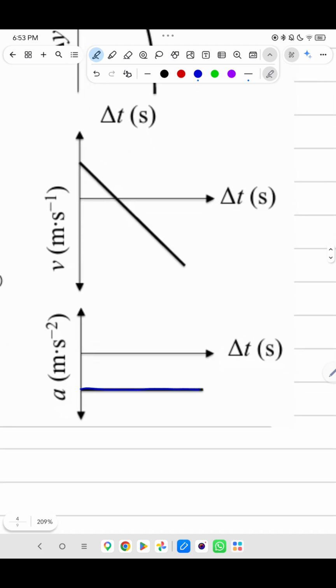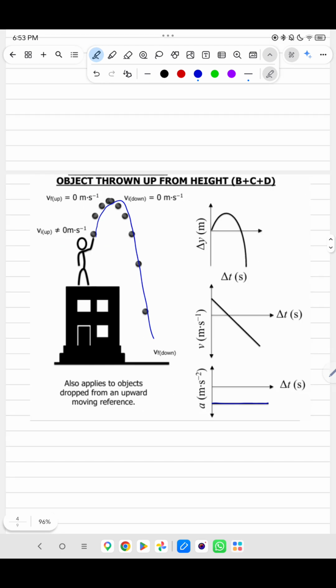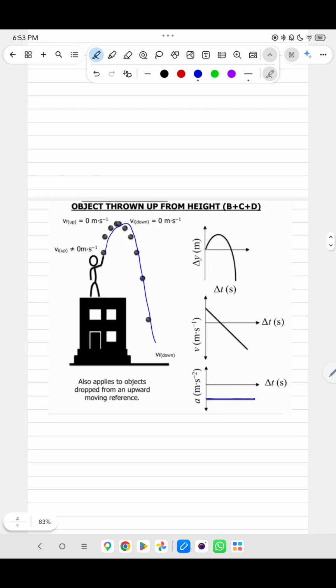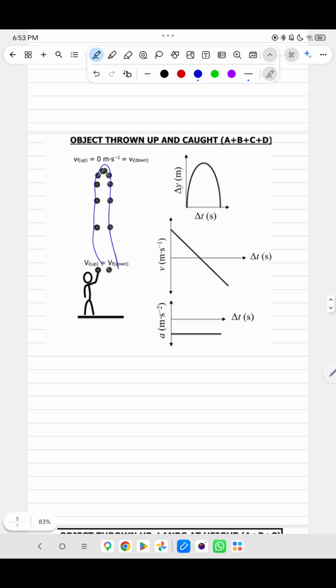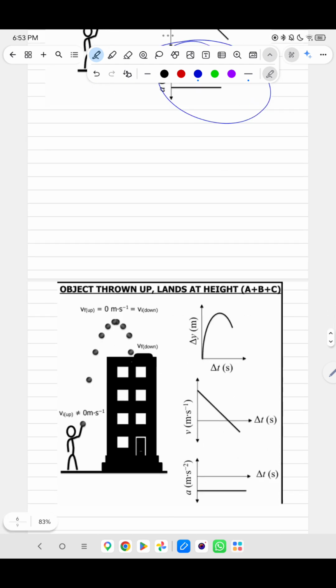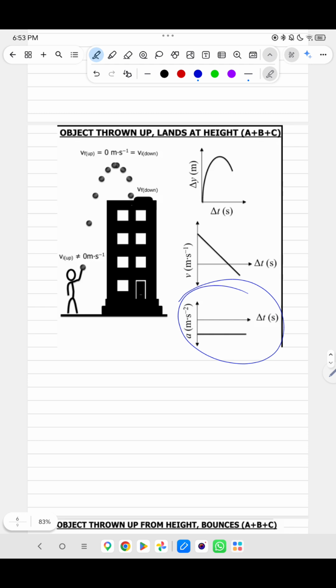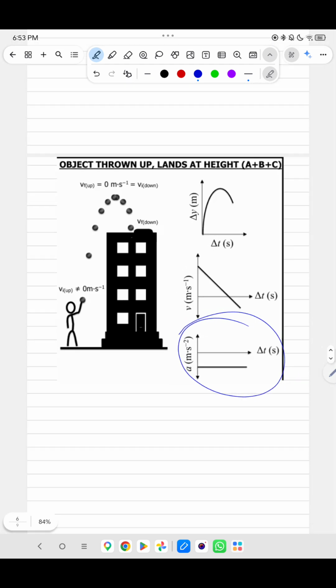The only thing is that they chose upward as positive, and because gravitational acceleration goes downwards, it's going to be negative. Another scenario, same type of graph. It doesn't matter the scenario, the graphs will be the same. So yeah, thank you.